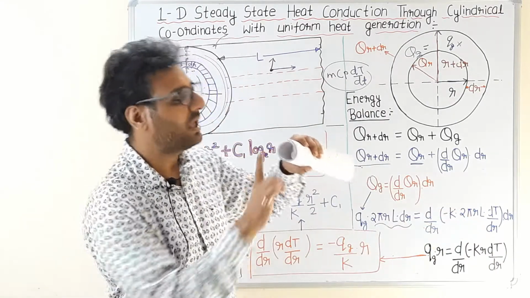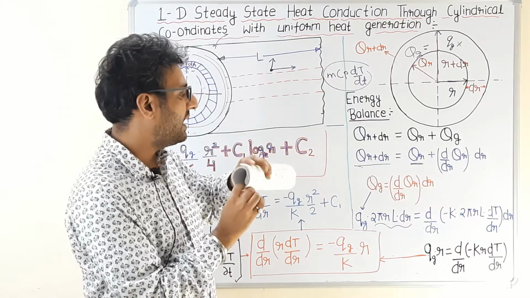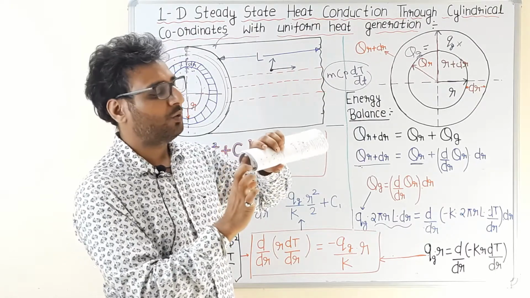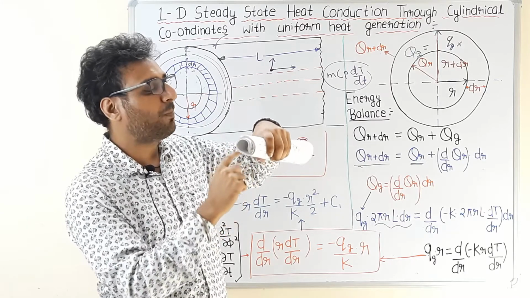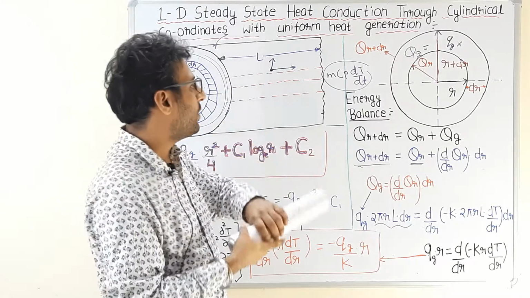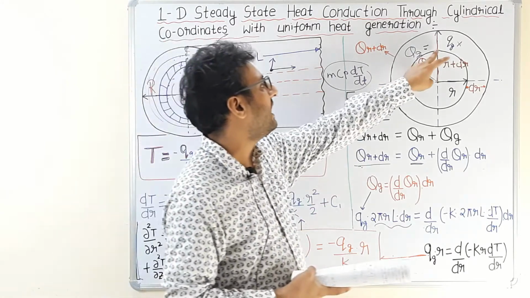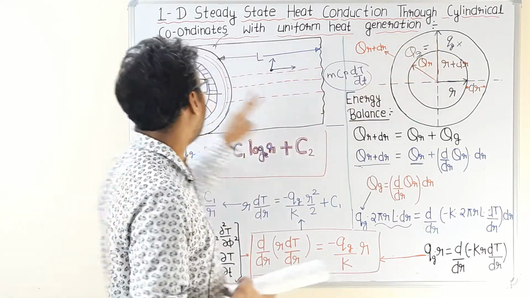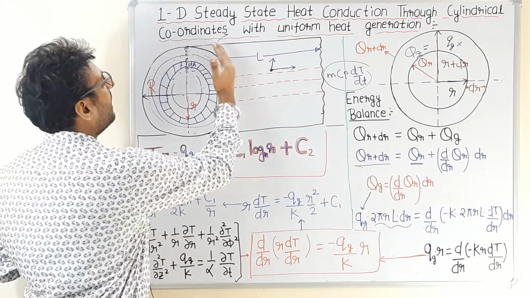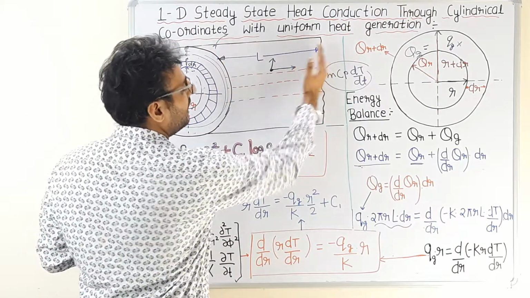So heat is flowing in the radial direction, so the area perpendicular to the heat flow direction will be 2 pi r into L. This is happening at every cross section along the length; we are showing only one cross section.